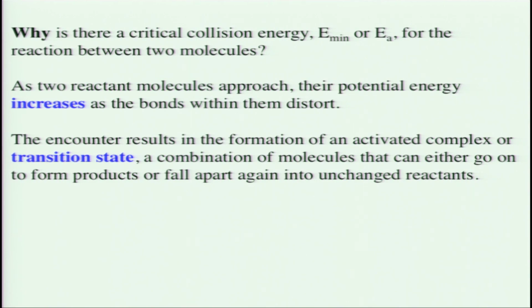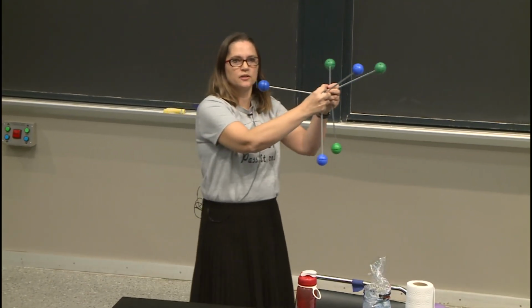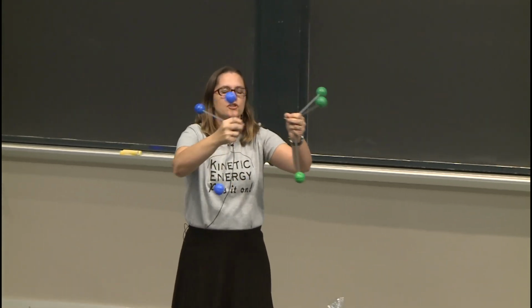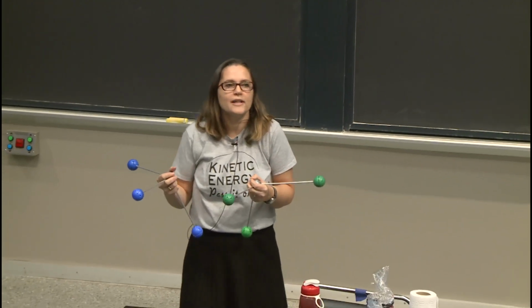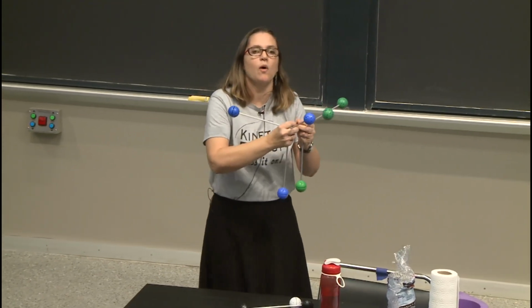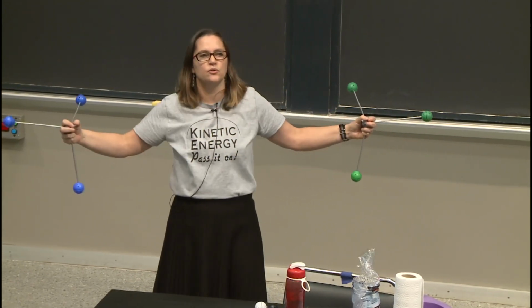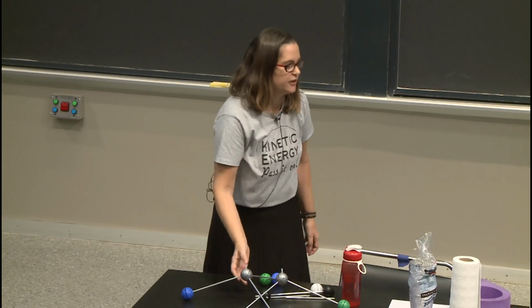So in the encounter between them, you form some activated complex, or what's known as a transition state. And from that activated complex, it can go on to form a molecule, or the two molecules may just go apart again. So what determines whether they're going to go on happily to form their complex, or depart from each other, never to form a larger molecule?